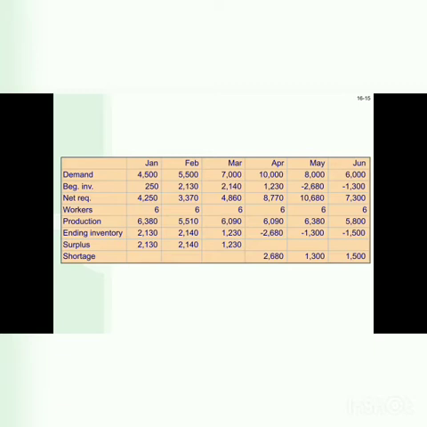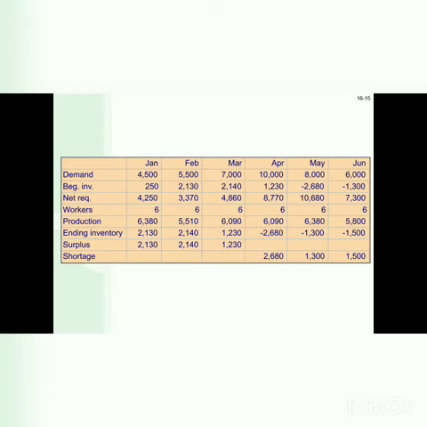So by using the same formula, you can see the shortage will be in the months of April, May and June. So in this kind of strategy, we will always end up with some shortage or some extra inventory.